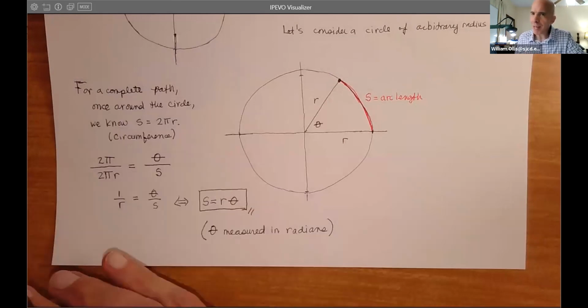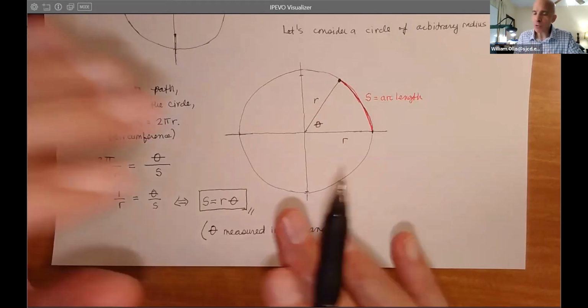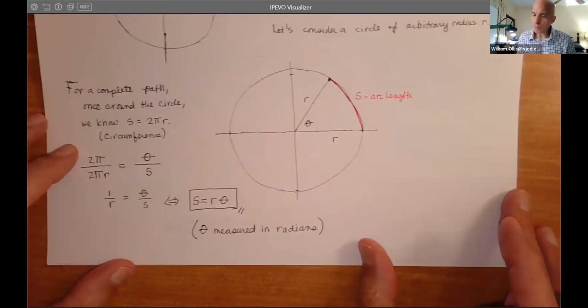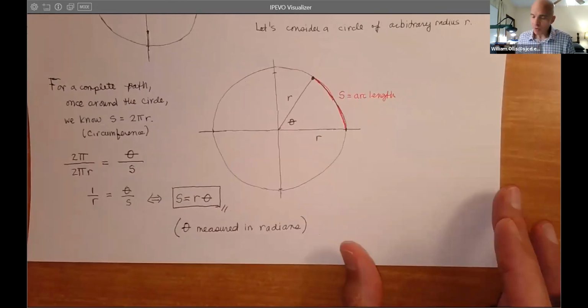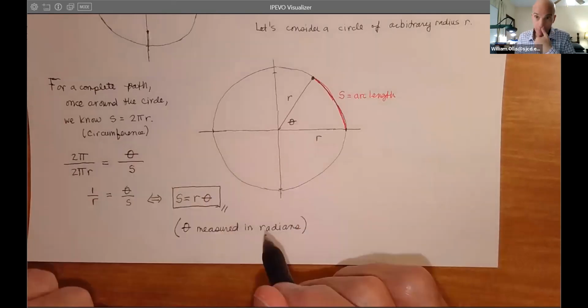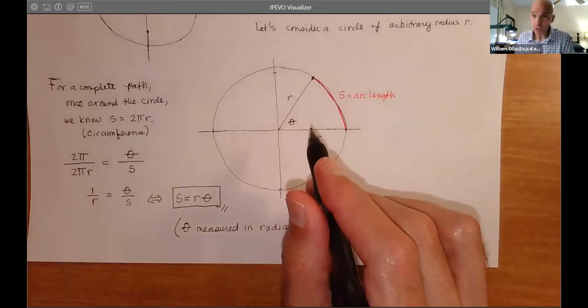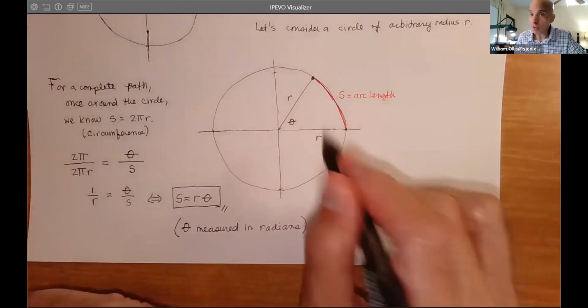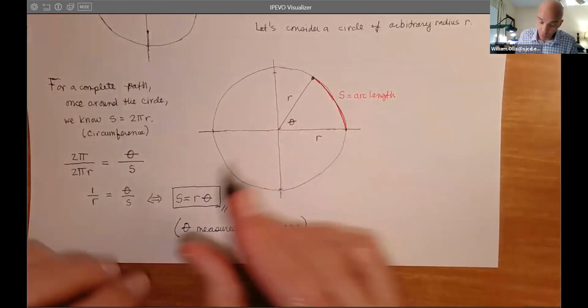That's just general math, taking proportions, but it's done in a way that preserves what we already know about the circle, specifically the Euclidean circle. So we'll call this formula 1.